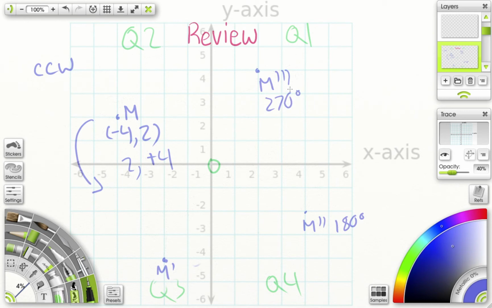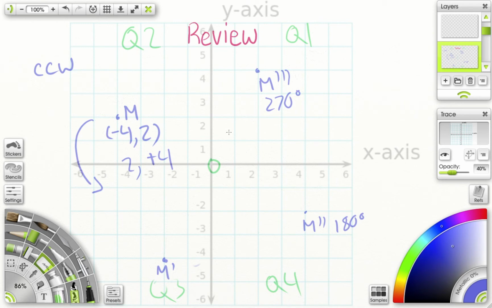So you guys seem to be doing really well from all the work that I looked at. I know it's not the easiest thing in the world. It does take practice. There are rules in place. The best rules I could give you would be if you were only ever starting a point in quadrant 1.